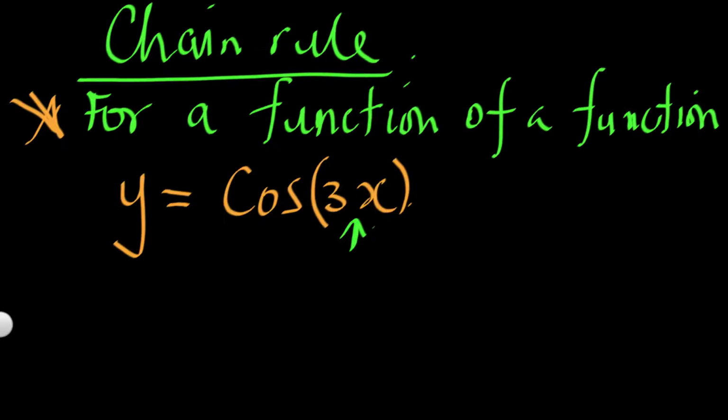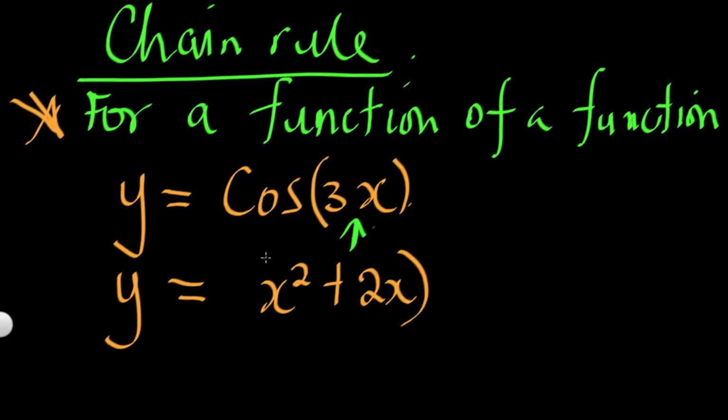Another example of a function is, let's say we have y is equal to x squared plus 2x, all of this to the power of, let's say, 5. This is also a function of a function, so we use the chain rule in these cases.